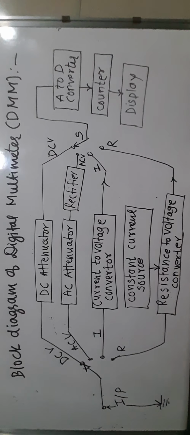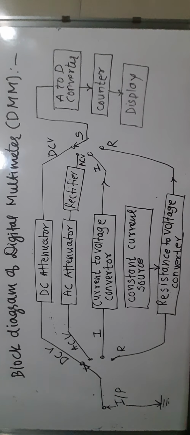If input changes by a small value, then its output also changes. If the meter is not sensitive, then if input changes, the output remains constant. It does not change with small change in input. But in case of digital multimeter, they are highly sensitive.